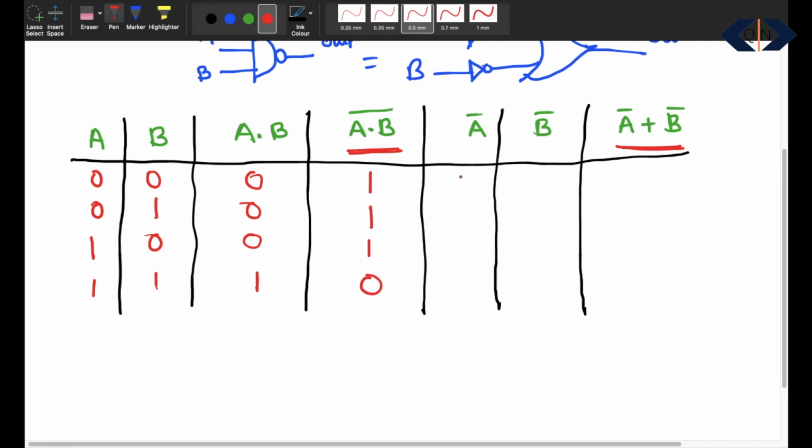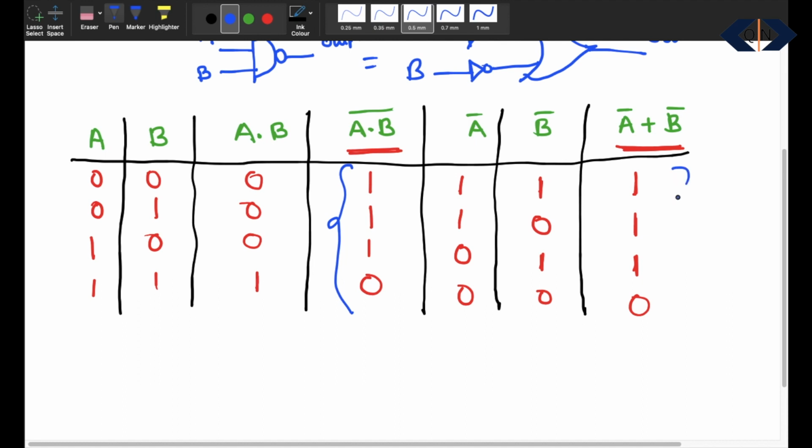Wherever it is 0 it will become 1 and wherever it is 1 it will become 0. Same with the B not. Now we will perform the OR operation between A not and B not. So 1 1 gives 1, 1 0 gives 1, 0 1 gives 1, 0 0 gives 0. From here we can conclude that this is equal to this, so our De Morgan's first law holds true.